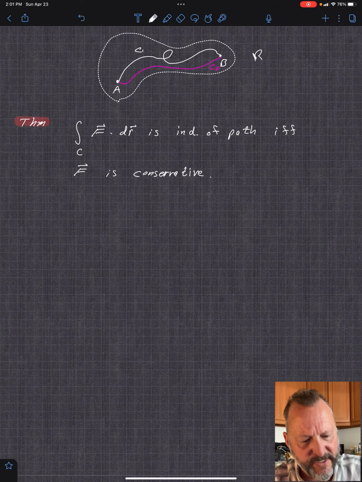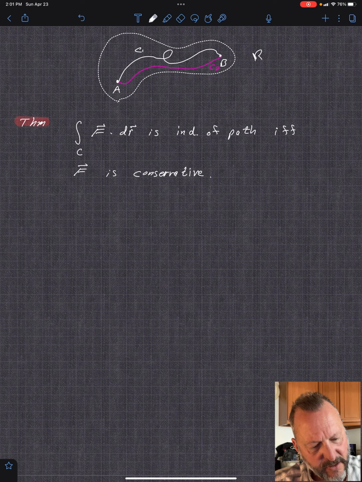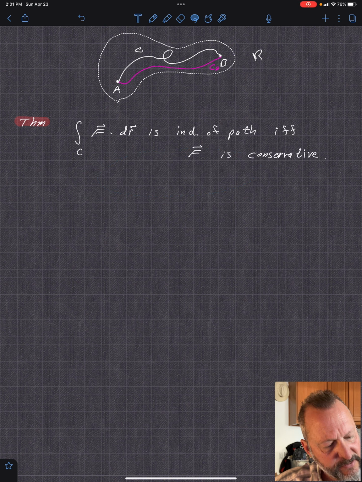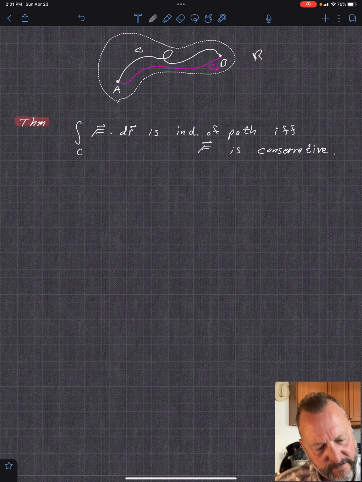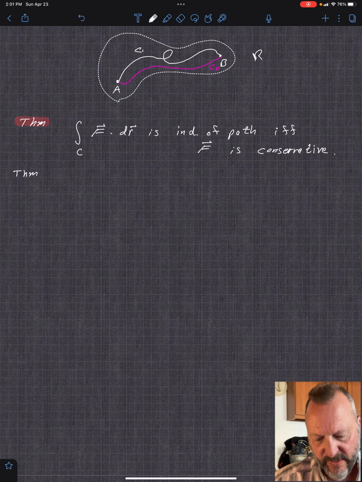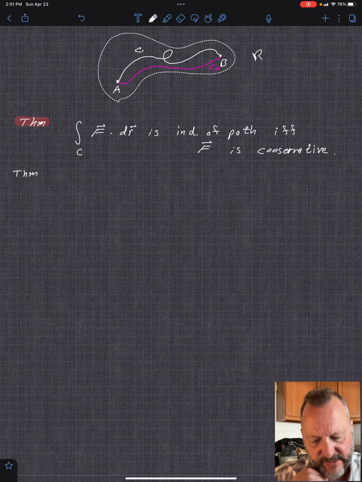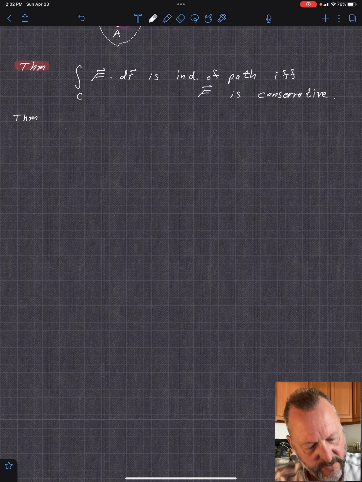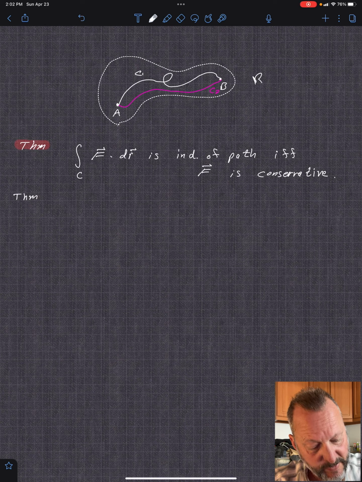Okay, next one is along these same lines. I'm going to move this up just a little bit. So next theorem. This is a closed path.